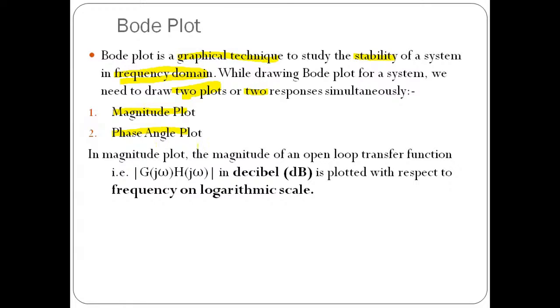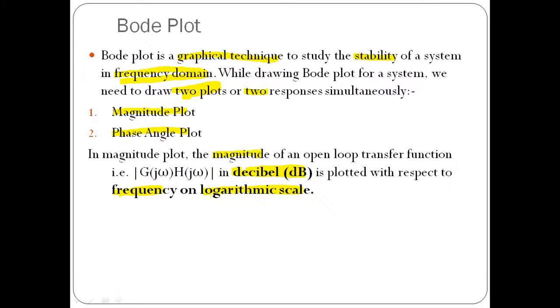Now what is the magnitude plot? The magnitude plot of a system is a plot where we draw the magnitude of the open loop transfer function in decibels with respect to the frequency on a logarithmic scale. This is very important.